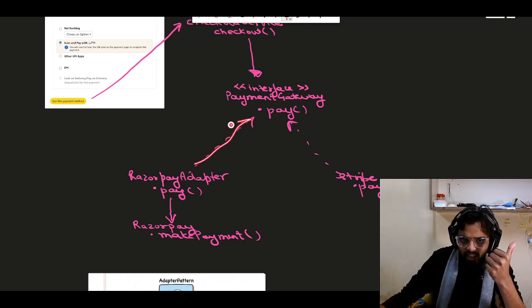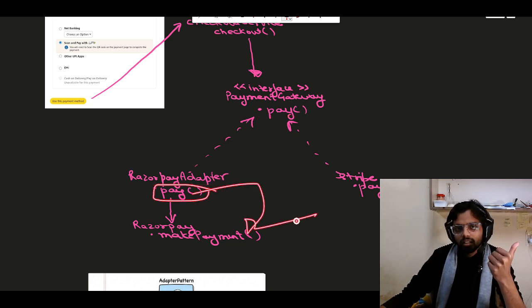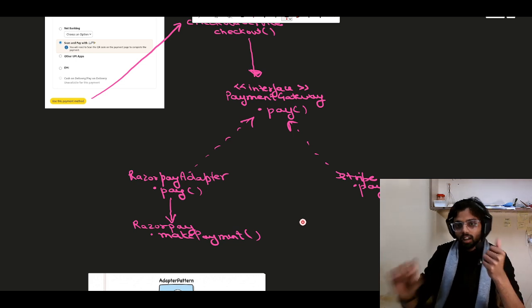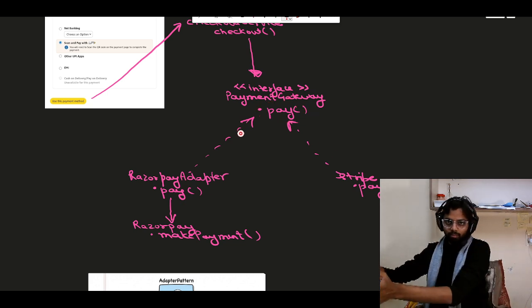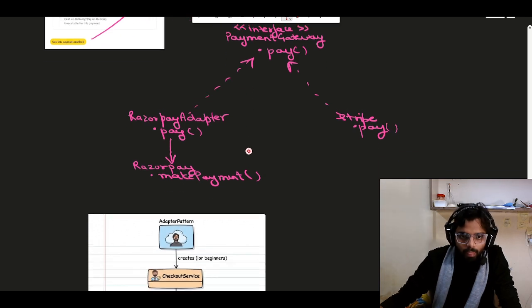Let's create another class that will implement the pay method, and in this pay method I will call the create payment method. In such a way I do not have to change the existing code, and it is implemented as it is.